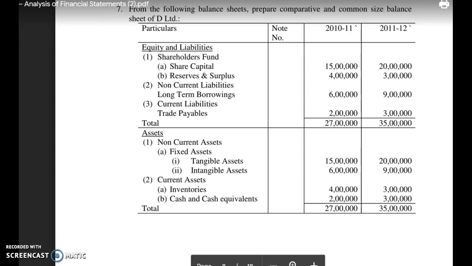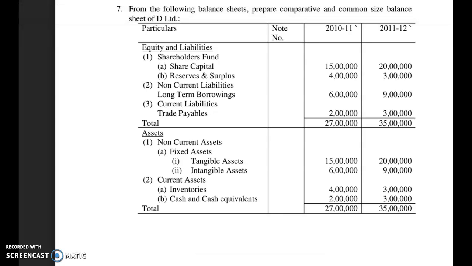Under the financial statements, we prepare a number of statements, but two very important statements which you learned in class 11 are the trading profit and loss account, and the balance sheet. The trading profit and loss account is also known as the revenue statement, or the dynamic statement, while the balance sheet is known as the static statement.